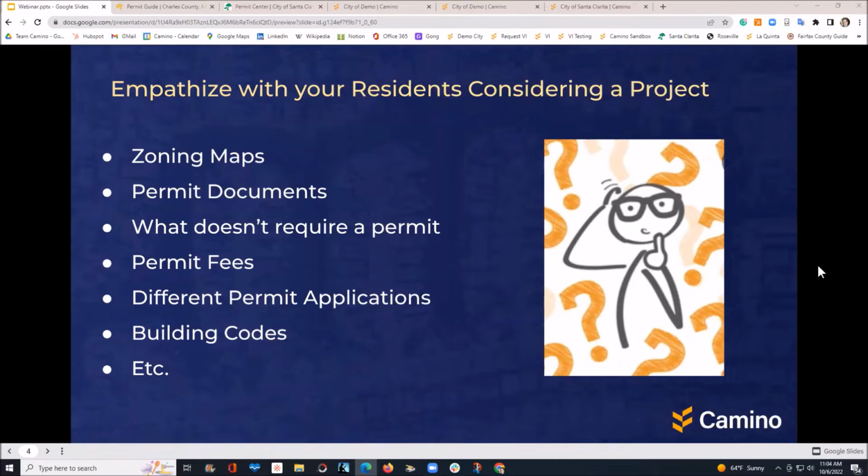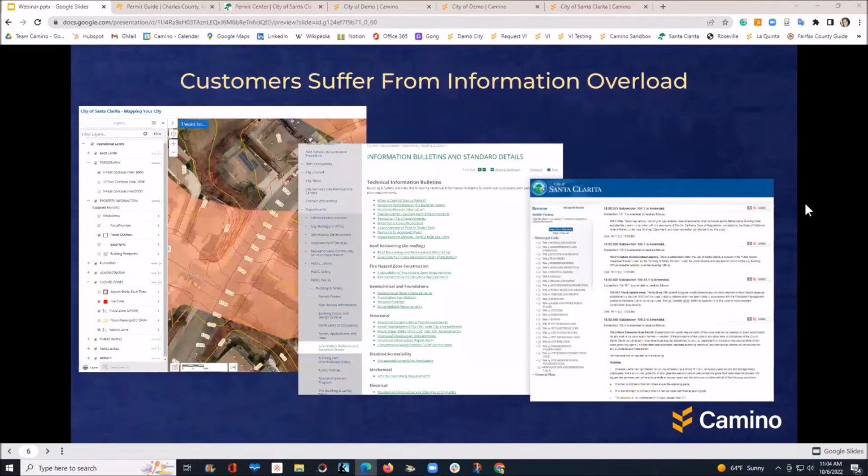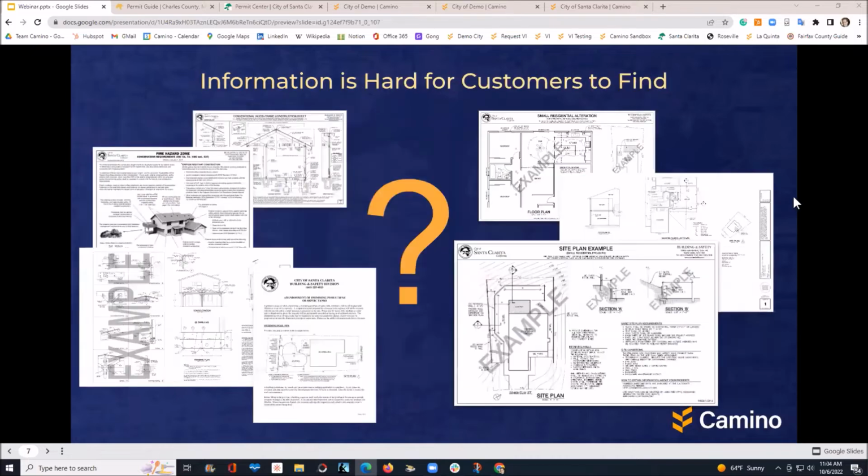They get information overload. Does this all apply to me? And it doesn't. I've seen websites with 50 to 60 forms on a single page, and they don't know, so they end up having a hard time, and invariably they're calling you guys, right?